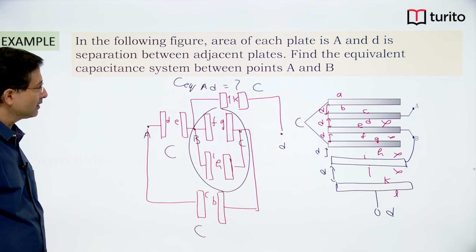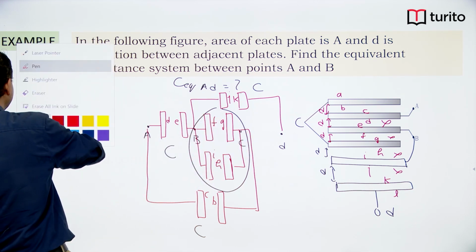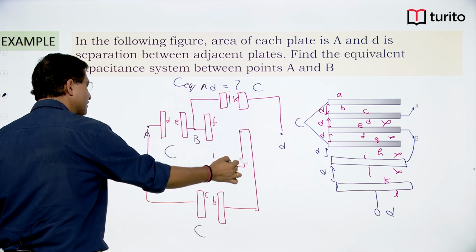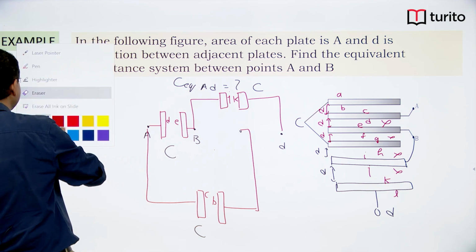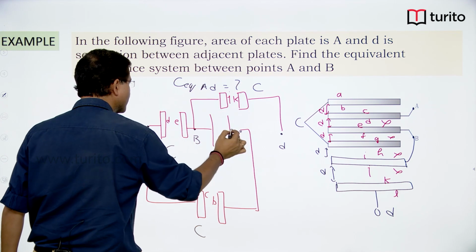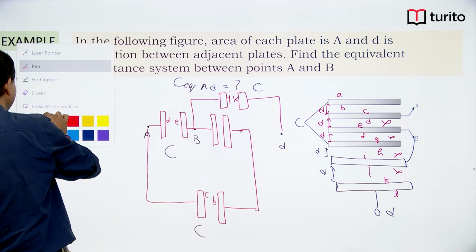So I will place 2C over here. I will remove the capacitors and place a single capacitor 2C, because they were in parallel combination. So now I have placed 2C over here.